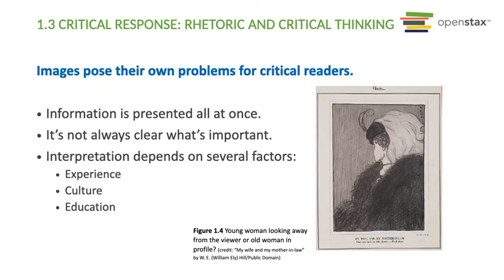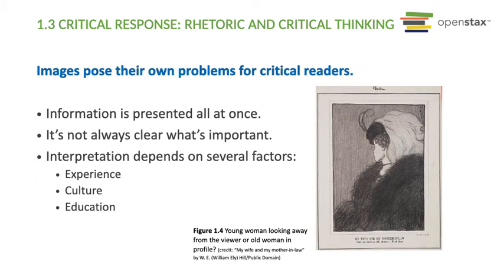Now, when it comes to social media, we are often looking at images, and images pose their own problems for critical readers. Images require that we read them as well. When we are on social media, we're not only reading captions and reading text, we're reading images constantly.